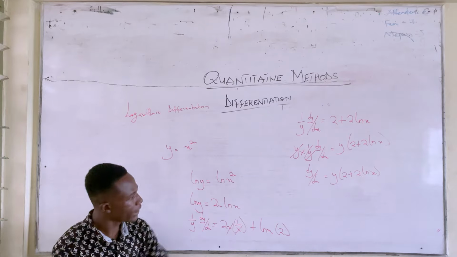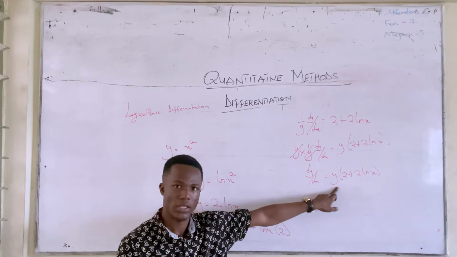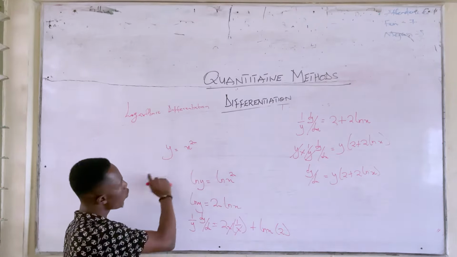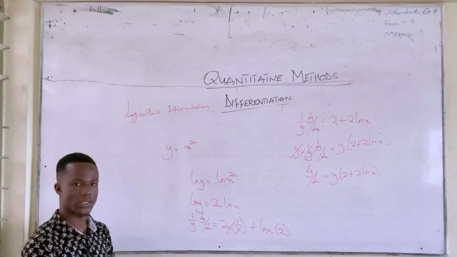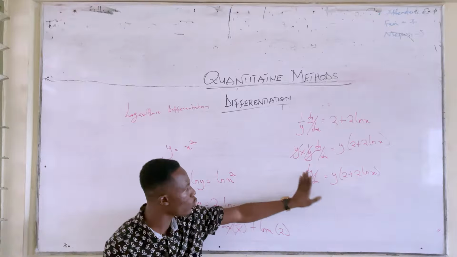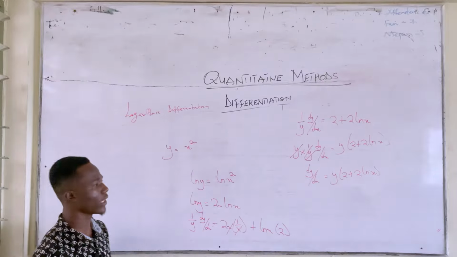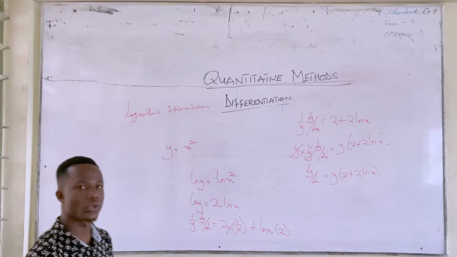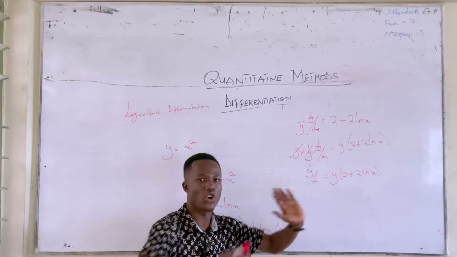Okay, this is not your final answer because you have y here, and from the question, you know y is equal to what? x exponent 2x. Do you get it? You are differentiating y with respect to x, so you don't need to have y here. It's only when you are dealing with an implicit function that it's normal to get y on both sides.